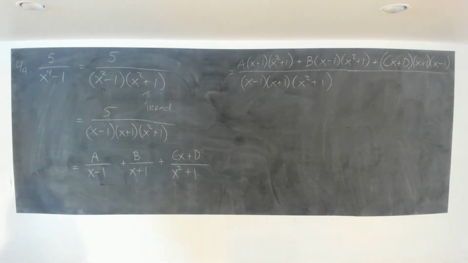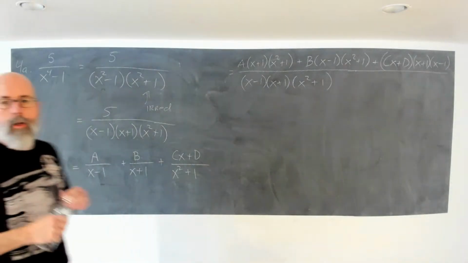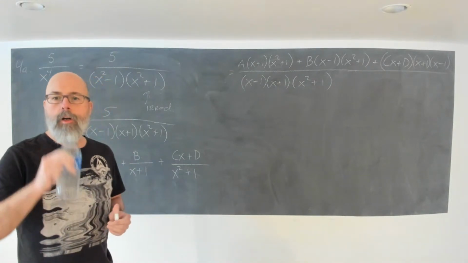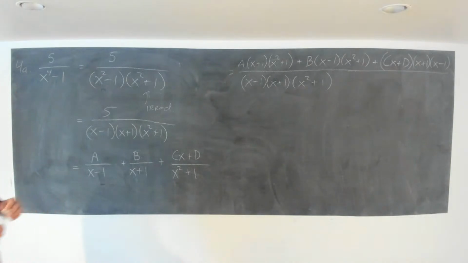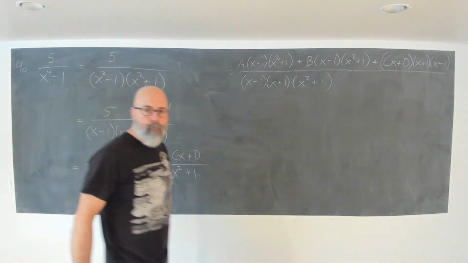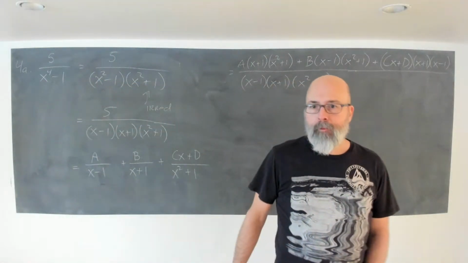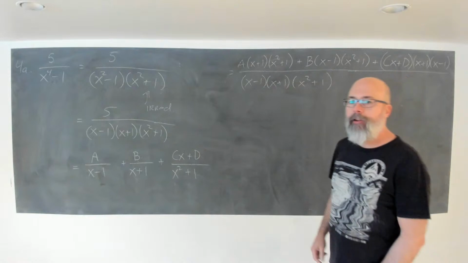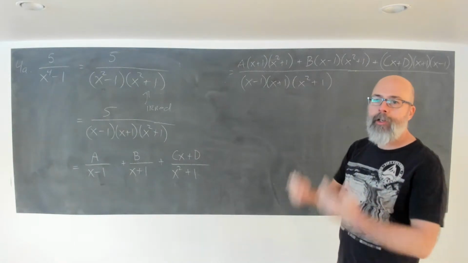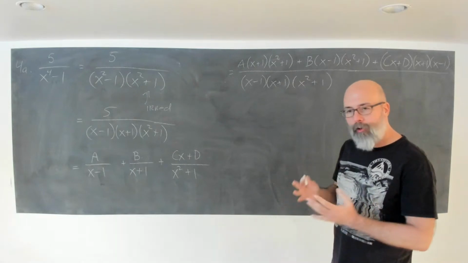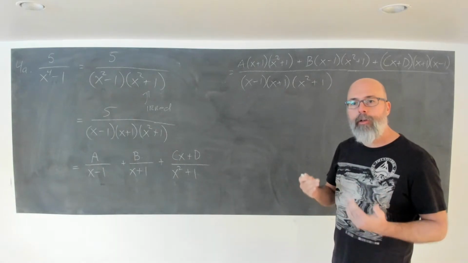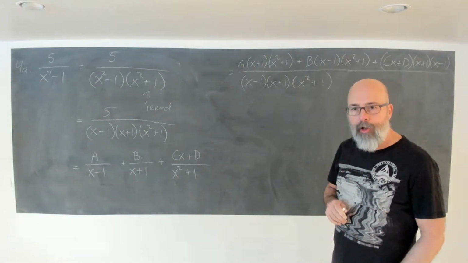What if we have an irreducible polynomial of degree 4? Exactly. As Rima suggests, the idea is to factor your denominator until you only have irreducible polynomials.